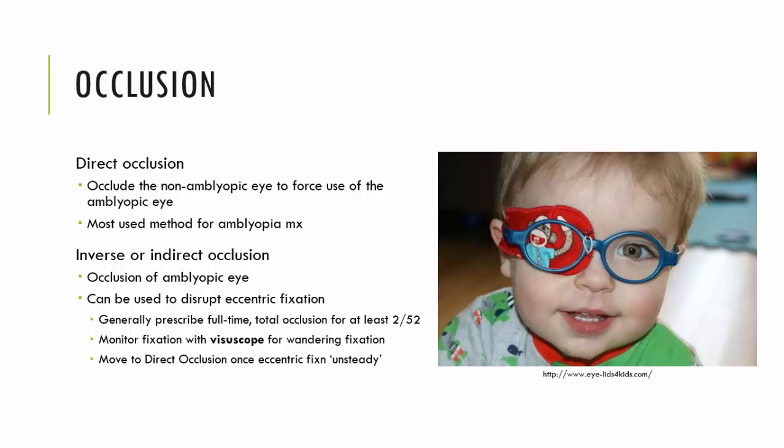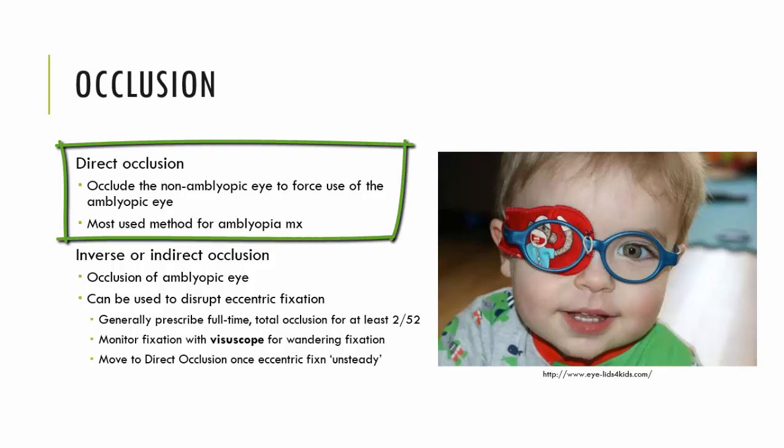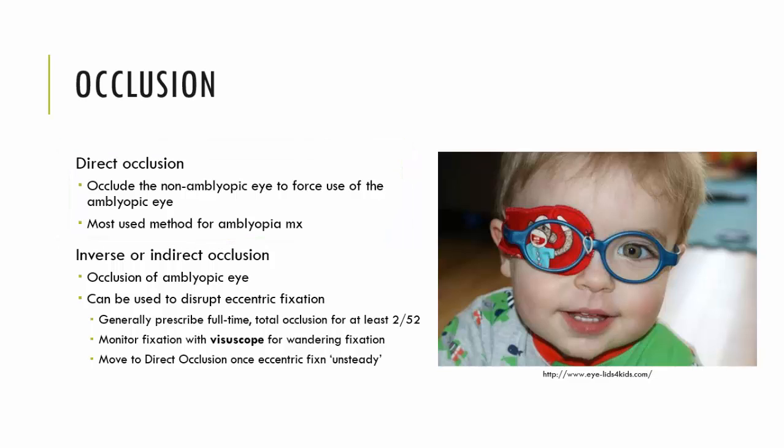In terms of occlusion, there are 2 types of occlusion. There is what's considered direct occlusion and inverse or indirect occlusion. Direct occlusion is what we all generally prescribe, and direct occlusion is when you cover the sound eye or you penalise the sound eye and give a competitive advantage to the amblyopic eye.